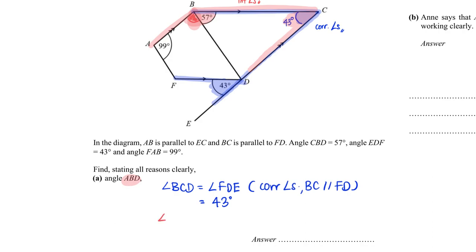And then my angle ABD is therefore 180 minus 57 minus this 43 to give me a value of 80 degrees. Okay, and this one we are using the interior angles property. And this time round, we are actually looking at the parallel lines AB and DC.